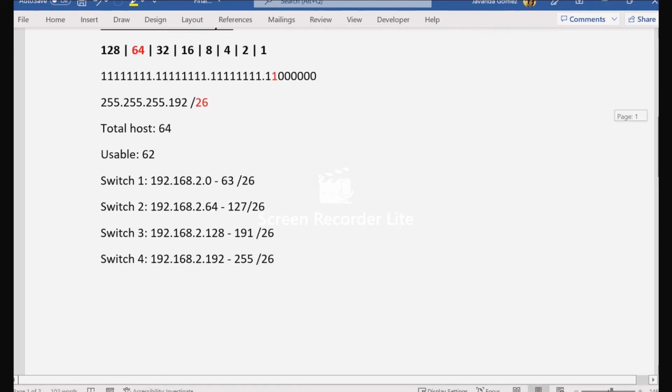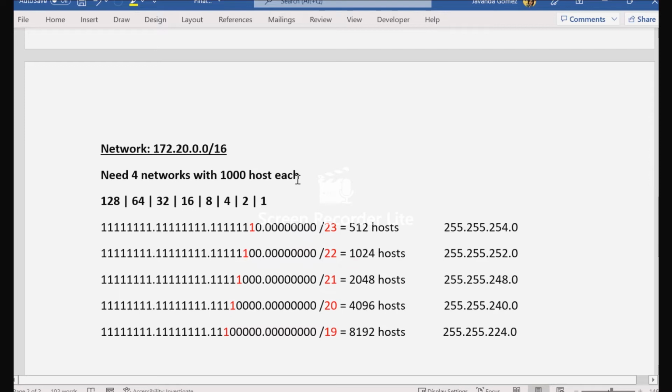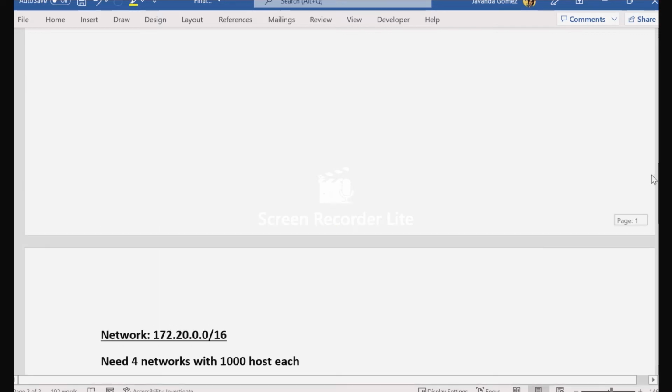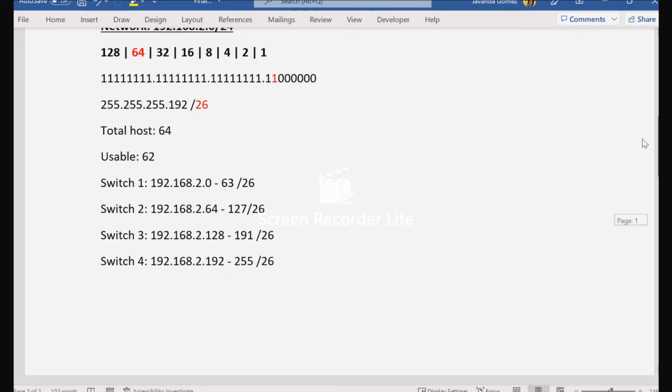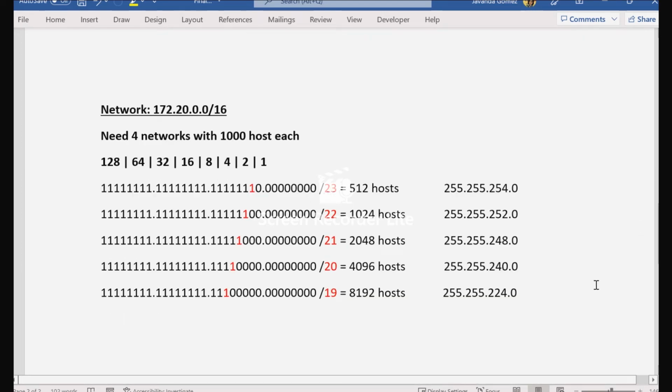So we're getting 4 networks and 1,000 hosts each. Now this is a little bit different from what we have been doing previously, where we use the magic number. The magic number would not work for this network. So what we will be doing is, instead of borrowing the bits, we are taking away bits in order to get bigger numbers of hosts.